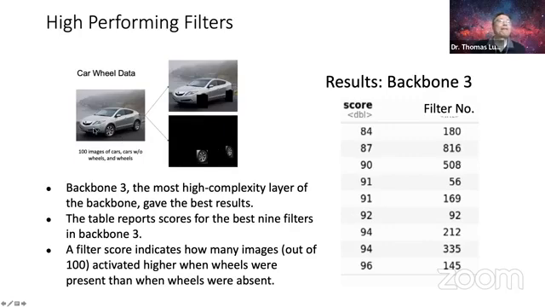For example, this is a car, this is a car without wheel, and this is a wheel without car. We test all three of them in the system and see which neuron and which filter activates when you see this one, or this one, and that one. And then you can see here, this is a filter activation map.